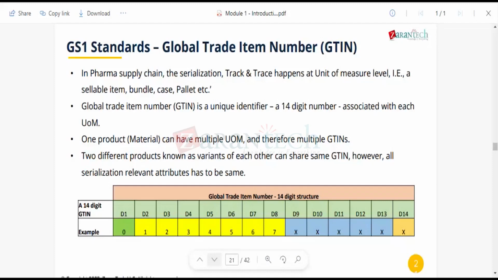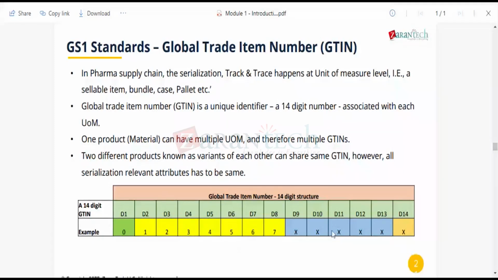Okay, so I think we were discussing the global trade item number. For each unit of measure, we have a unique global trade item number. And this is the structure of the global trade item number. It has 14 digits. You can see that I have given a color code for specific digits.